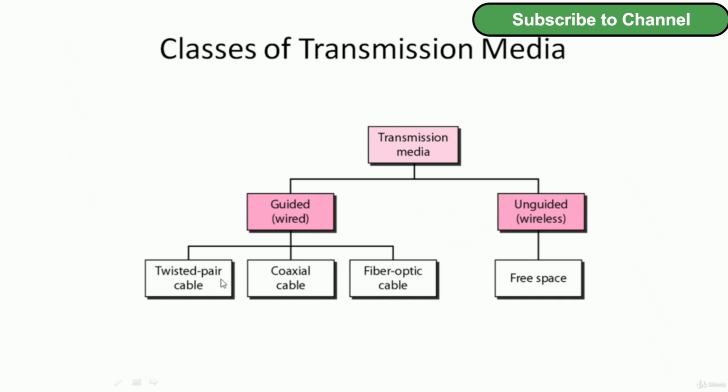One by one we have to study these. Twisted pair cable is again UTP and STP, unshielded twisted pair and shielded twisted pair. Then the coaxial cable, then the fiber optic cable. Under the unguided media, that is wireless, free space is used to transmit the signal.